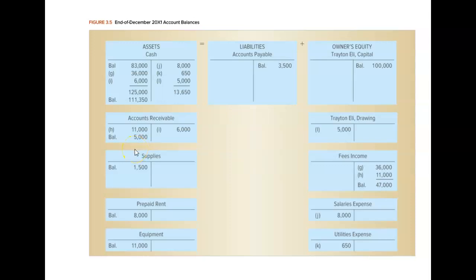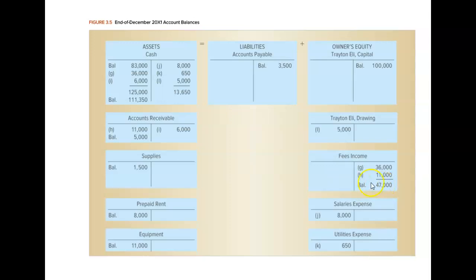The two credits posted to fees income are added together to total $47,000. There was no debit posted to the account, so the balance in fees income is $47,000 credit balance.